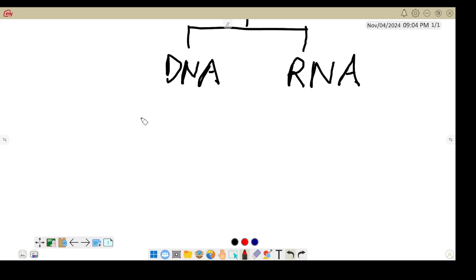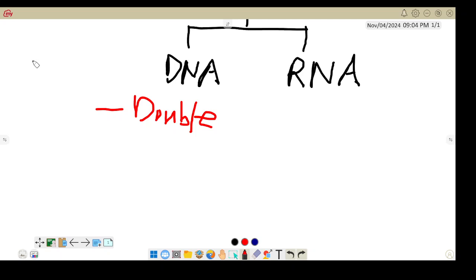I'll start with the DNA. One thing about the DNA is that it forms a double helix. The DNA forms a double helix, so we usually have two strands of DNA. This is part 1 of our lesson.